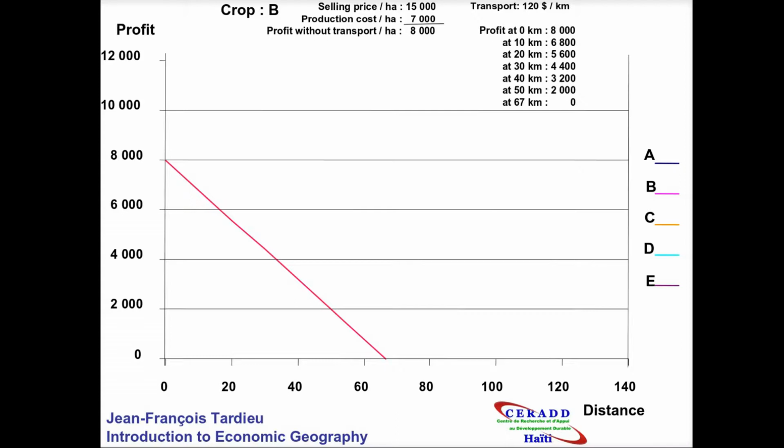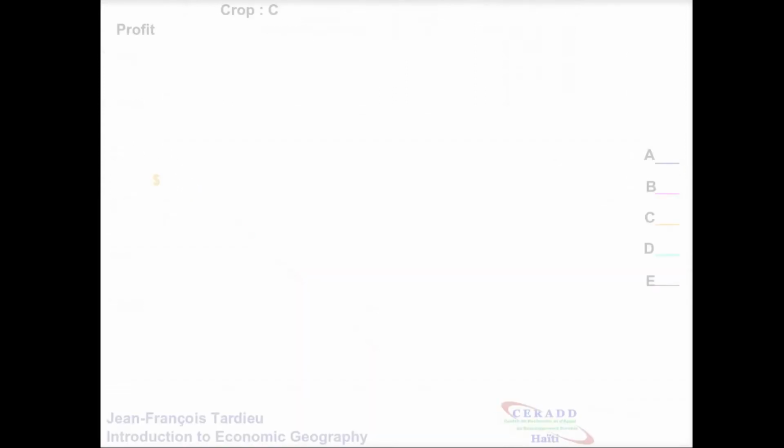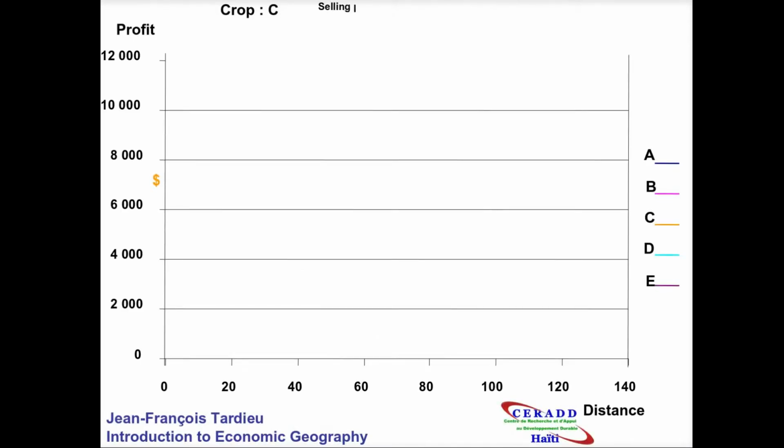One hectare of product C sells for 10,000 currency units in the city. The production cost for this quantity is 3,000 currency units. Profit per hectare without consideration of transportation costs is therefore 7,000 currency units.